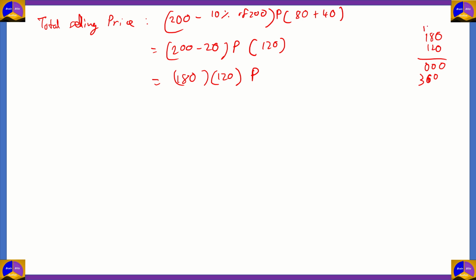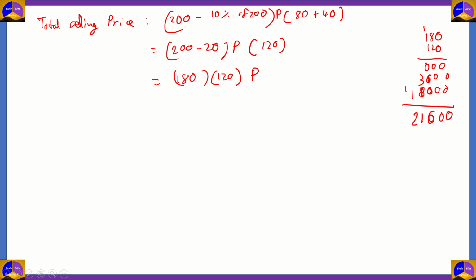And 1 times 2 is 2. 2 plus 1 is 3, of course. Now, 0 times 1 is 0. 8, 1. Now let's add this. 0, 0. 6 carries down. 3 plus 8 gives you 11. 1 carries over. 1 plus 1 gives you 2.